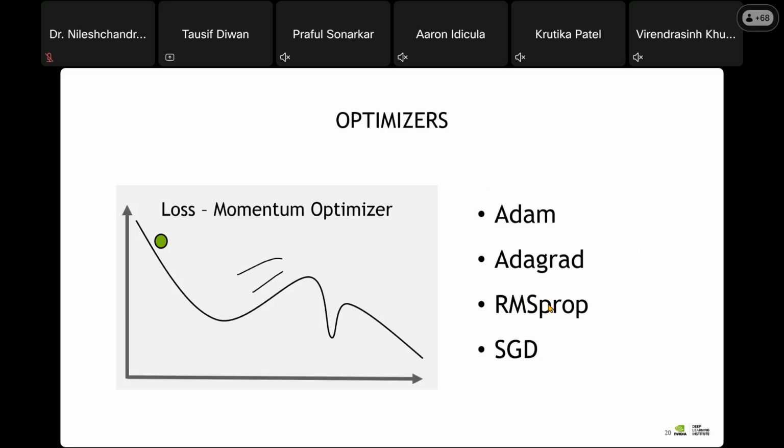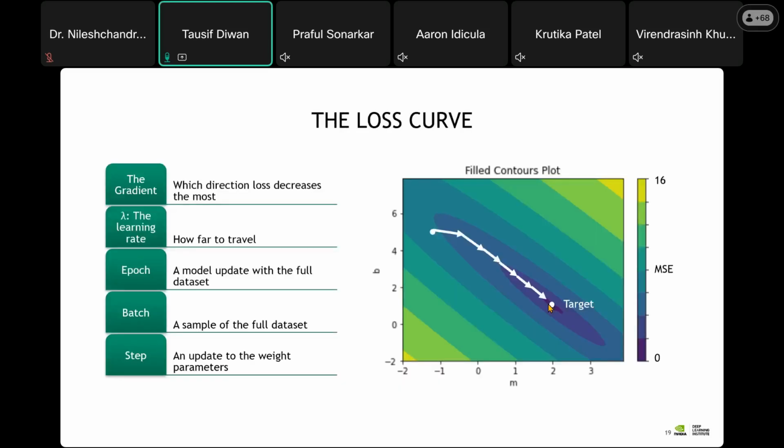There are various optimizers, beyond the algorithms that we have studied, such as gradient descent or backpropagation. For faster convergence of the model, what do we mean by that? Here, this is step one, then step two, step three, step four. Suppose in 7 steps we reach the global minima where the loss or cost function is minimum.